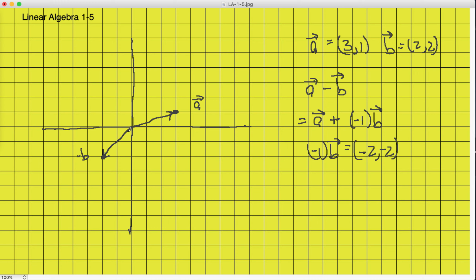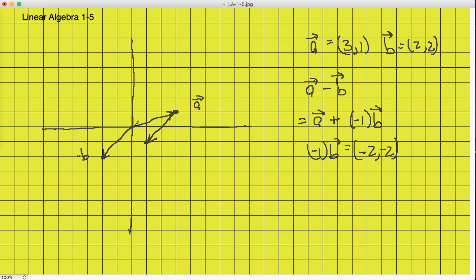Well, remember, what I have to do is go tail to head, tail to head. So I've got to move this tail of B over to here. And then I've got to go 1, 2, 1, 2. Like that. So we can see that these two vectors are exactly the same.